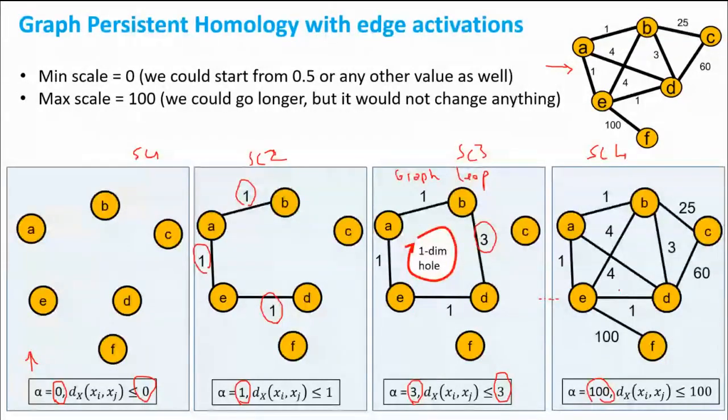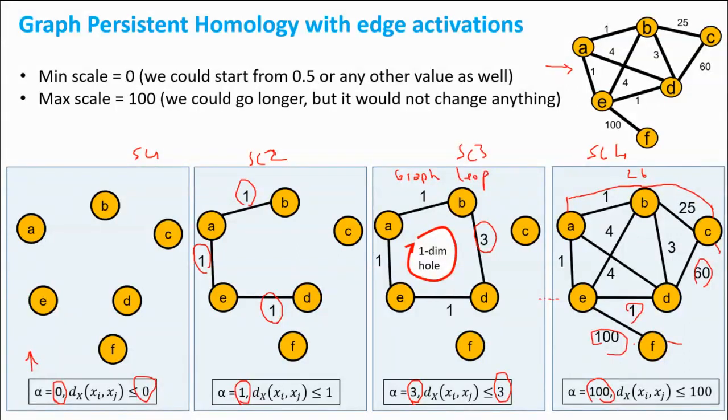If we continue forward in Vietoris-Rips, eventually the distances are cumulative. For example, the distance between A and C is 26 because it sums all the edge distances. What is the maximum? I think the maximum would be between F and C, which would be 100 plus 1 plus 60.